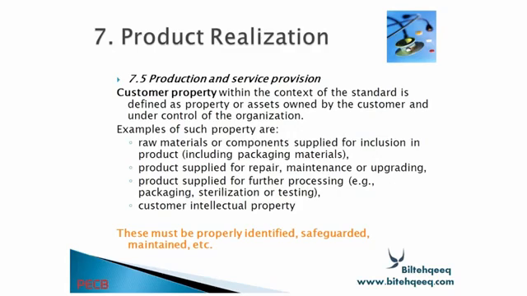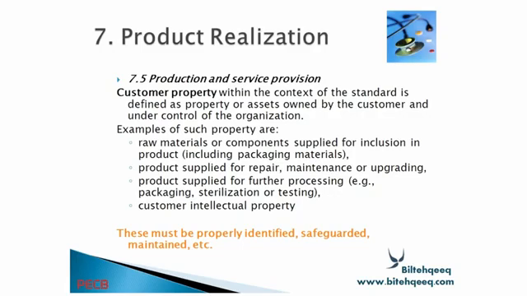The next is customer property, and it states that customer property within the context of the standard is defined as a property or asset owned by the customer and under the control of the organization. Anything which has been given by the customer to any supplier or organization is called customer property.